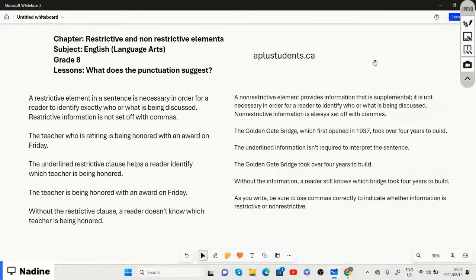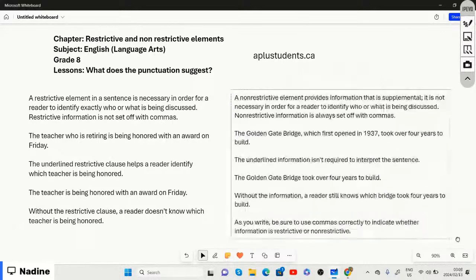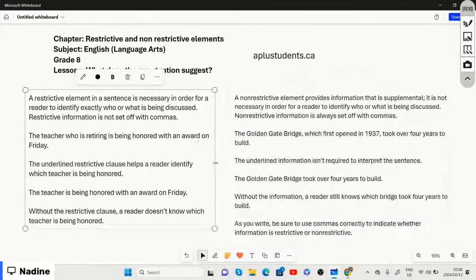All right. So we have restrictive and non-restrictive elements.